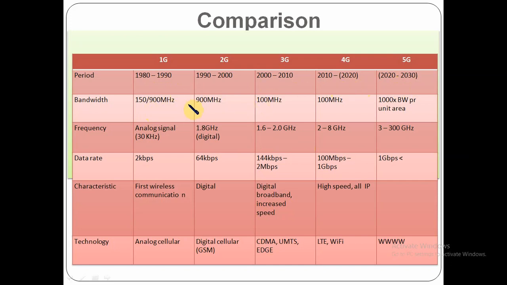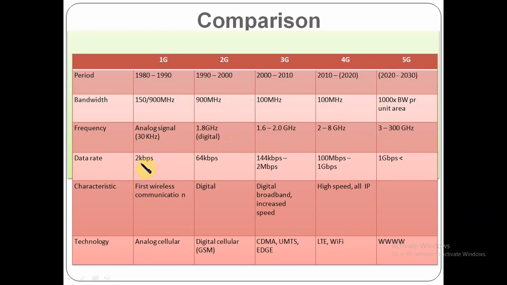The bandwidth increases from 1G up to 5G, though it does not always increase and sometimes it varies, sometimes it is less. In 1G we used only analog signals, but after that we use digital signals up to 300 gigahertz. First, in 1G, we used only 30 kilohertz.